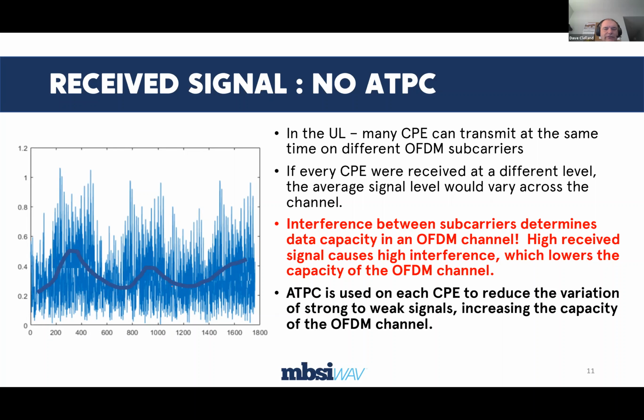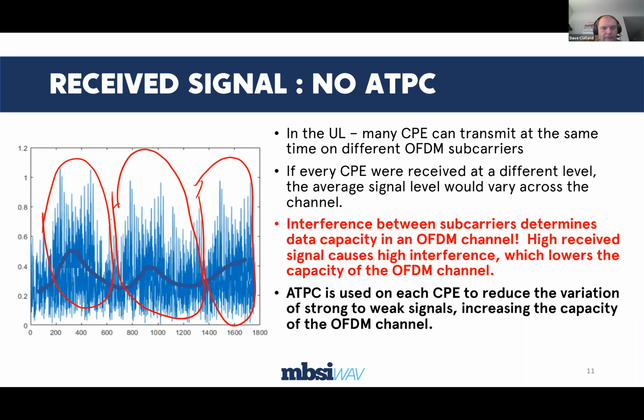So in this case, we've got essentially 3 major transmitters here, 3 subscriber modules in this plot. In here, we have no ATPC running, so all the subscriber modules are transmitting at whatever they're configured to. Let's assume that they're set to the maximum.